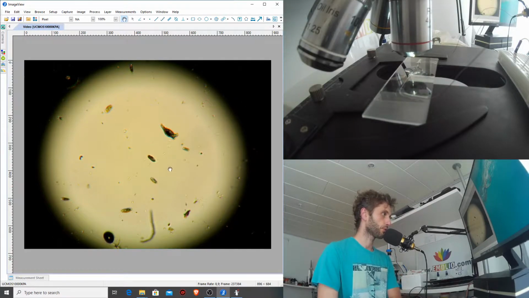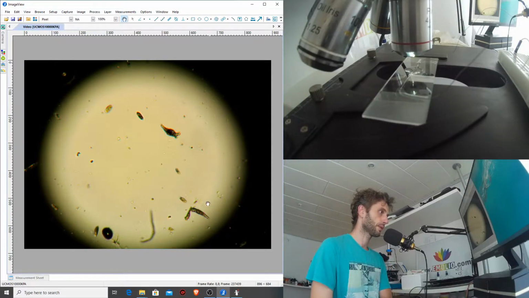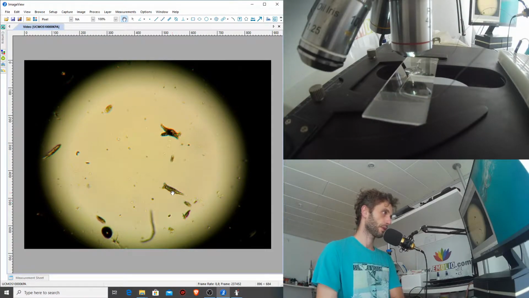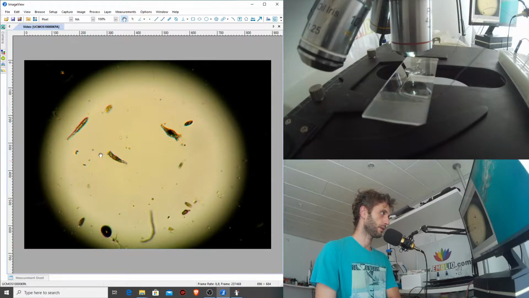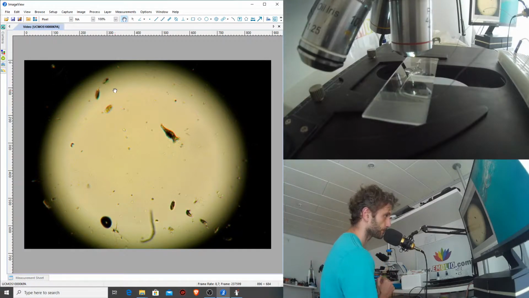So I will search more for paramecium and not this one. Actually, this one is the same as this one, and it's swimming. Then we also have another one that's also different. But what I want is this one, because this is what we are targeting.